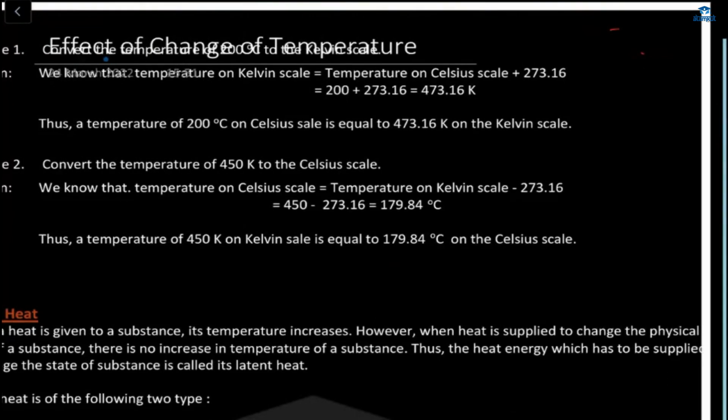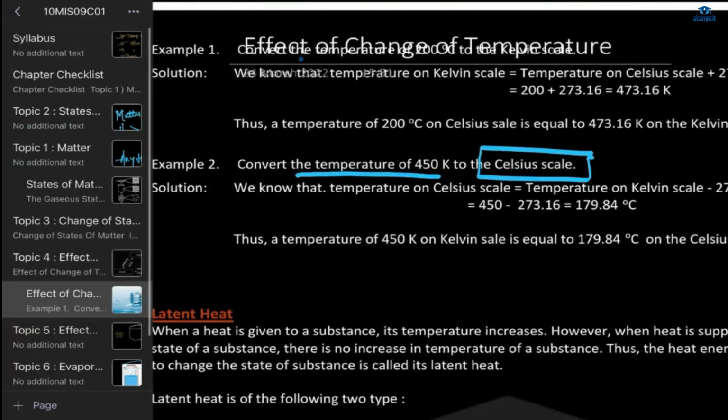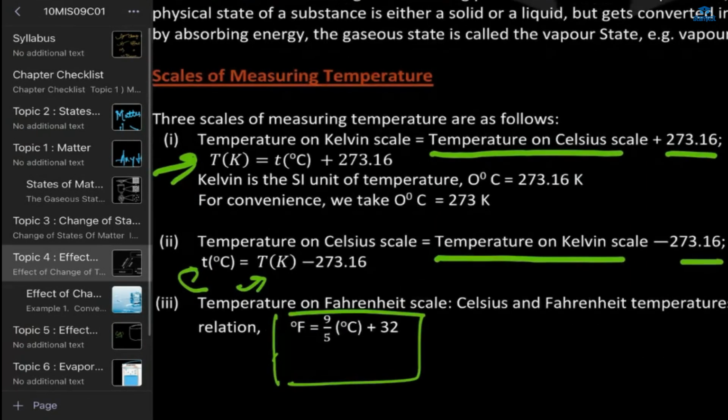One numerical: convert the temperature of 450 Kelvin to Celsius scale. This is asking that we have to convert it into a Celsius scale. So we have to go back to the formulas and check which formula to apply.